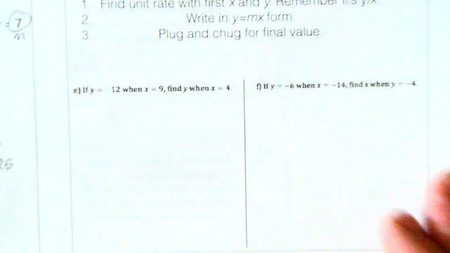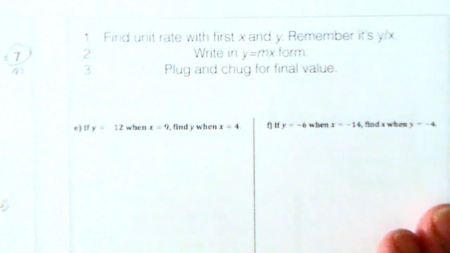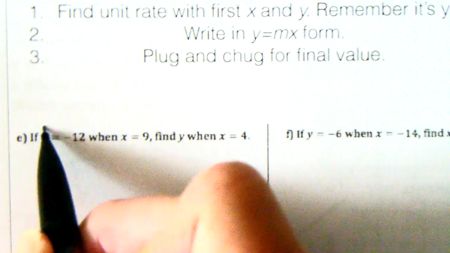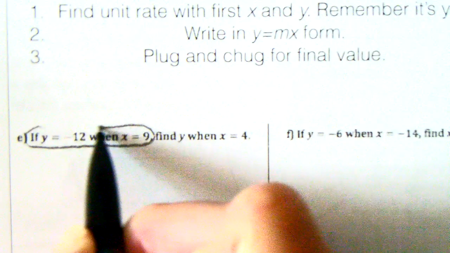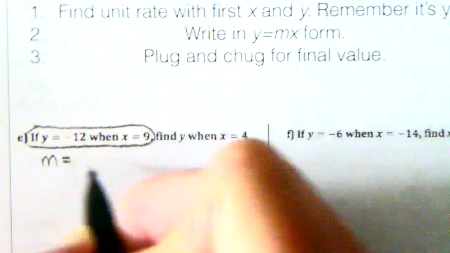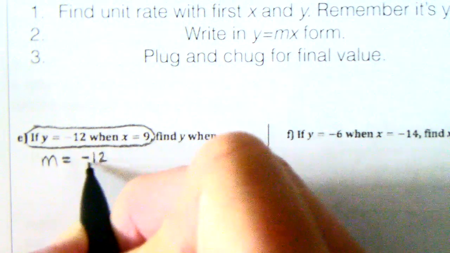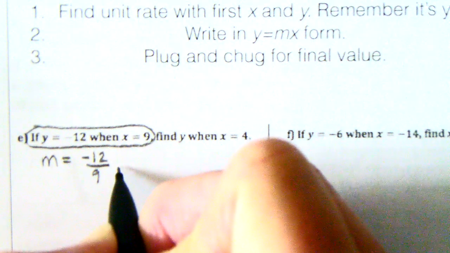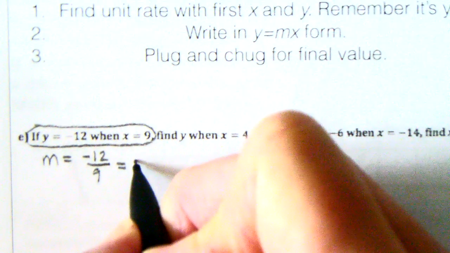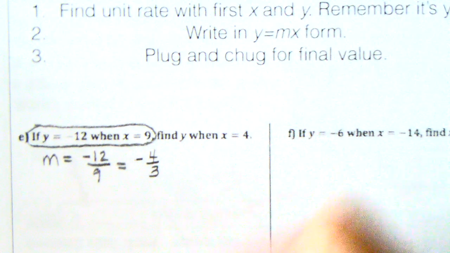Okay, well, what happens when it's not a word problem and they give it to you just like this? They want you to first write an equation, then find a value. So if y is negative 12 when x is 9, right there, they're giving you the constant, y over x, which is going to be negative 4 over 3.